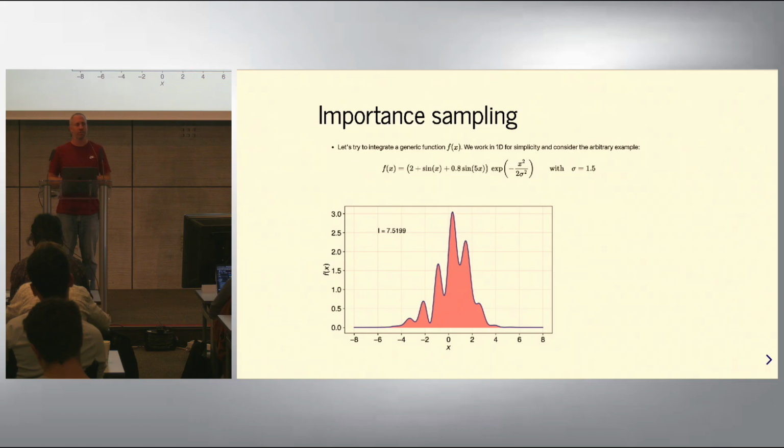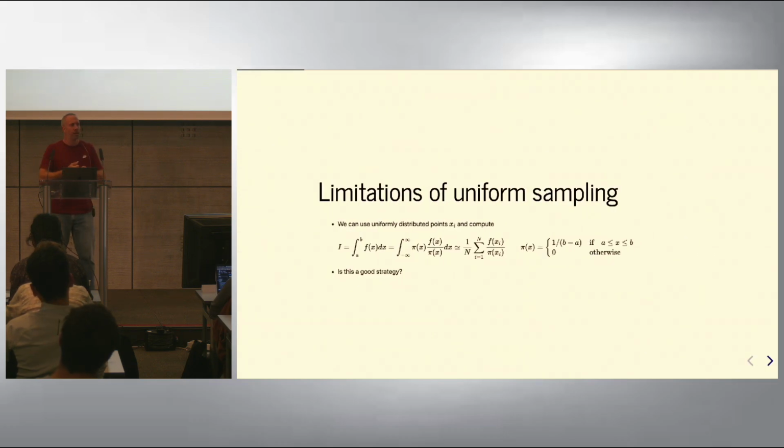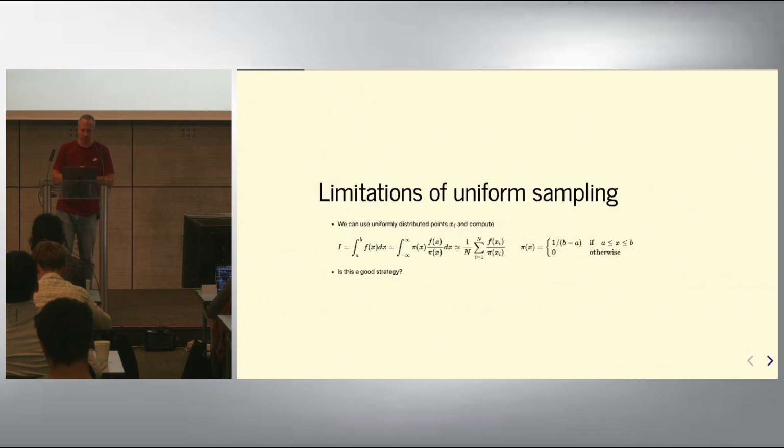So how can I sample this integral stochastically? Well, it's quite easy. I throw random points on the interval of integration, with a uniform distribution. So I randomly take uniform points between a and b, which are my integration limits. So formally, how can I write this? What I want to compute is this integral of the function between a and b.